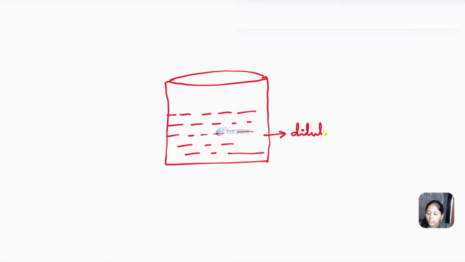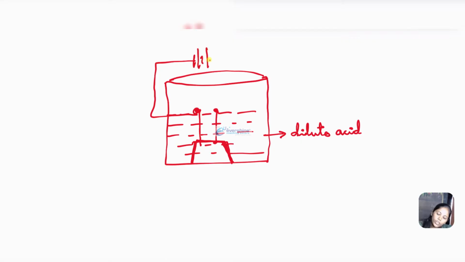You need to take dilute acid, because when you take dilute acid, it will completely split into ions. Then you keep a rubber cork and insert two iron nails. Connect the iron nails to a battery, switch, and bulb.